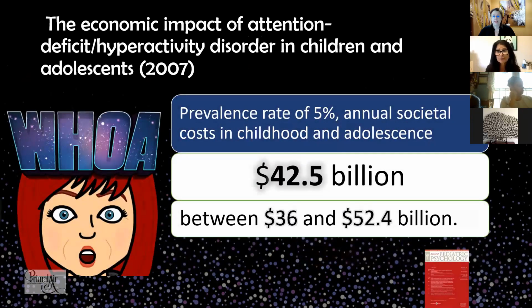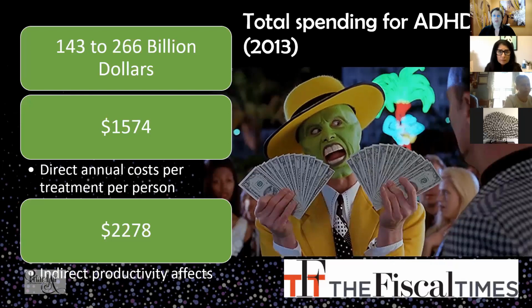And it's expensive. These are 2007 numbers. $42 billion are spent on societal problems in children and adolescents. That's huge.